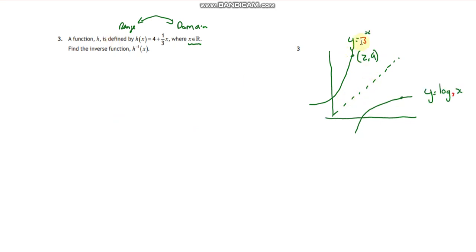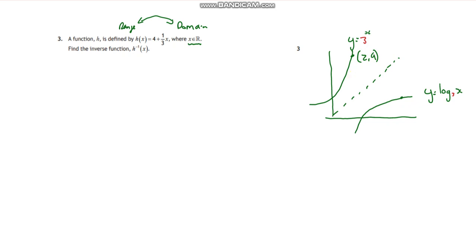In fact, I'll just put some numbers in to really illustrate that. If you've got a base 3 for an exponential and a log, say here I put the 2 and 9 in, so 3 to the power of 2 would give you 9. That would be the opposite over here. So if I flip those round, this time I'll make my x 9, my y would be 2.